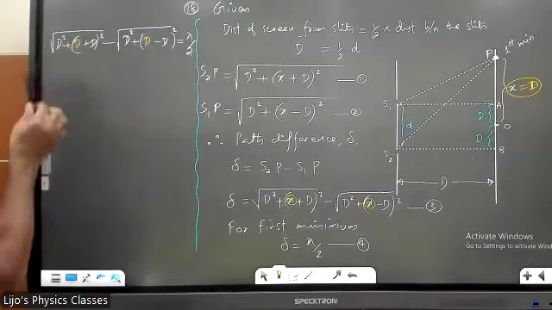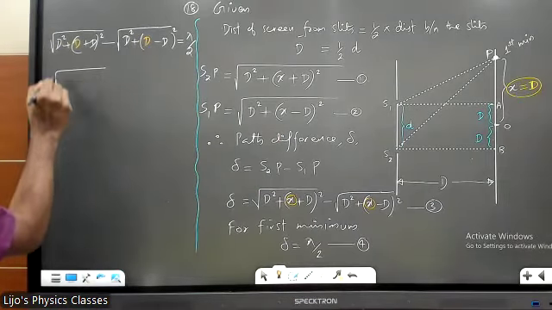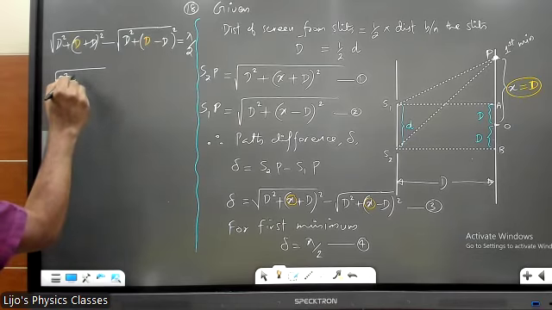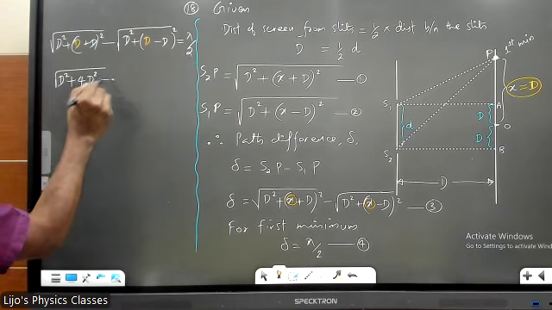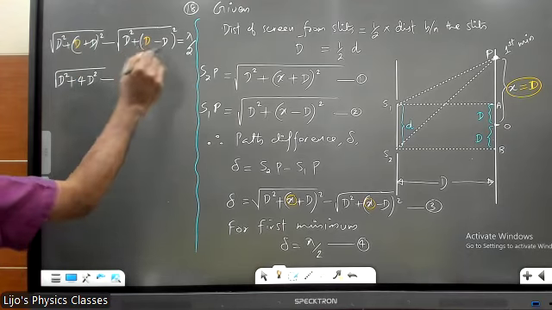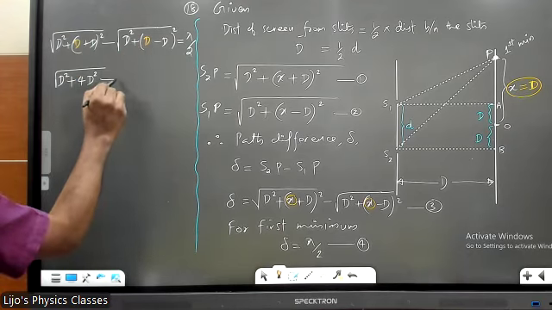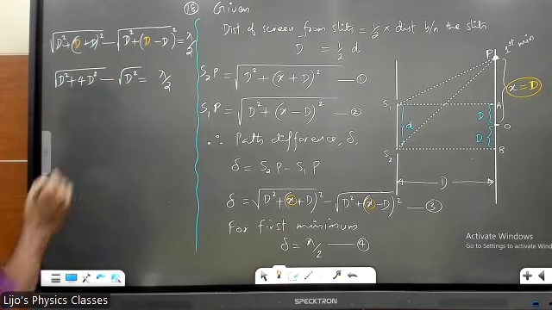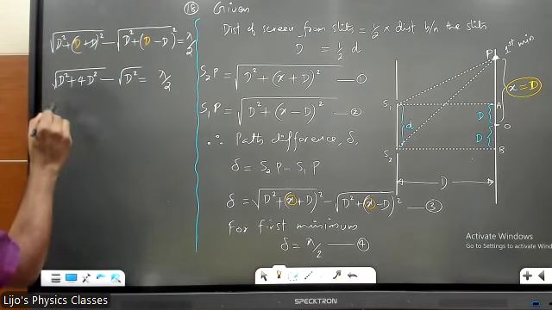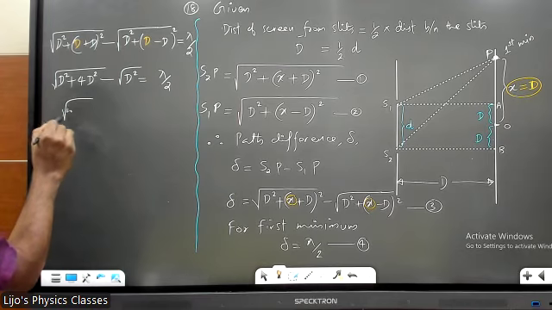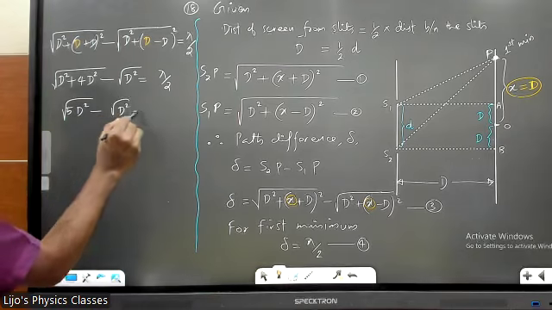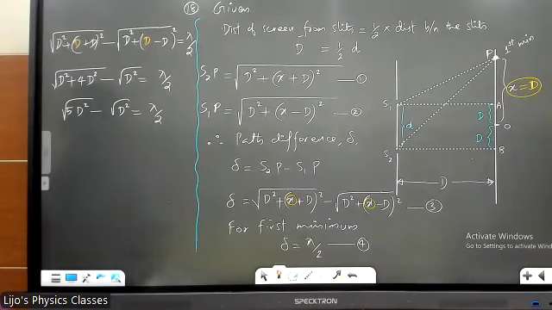So this becomes what? Root of D square plus d plus d, 2d, the whole square is 4d square, minus d minus d is 0, root of D square, is equal to lambda by 2. So root of 5d square minus root of d square is equal to lambda by 2.